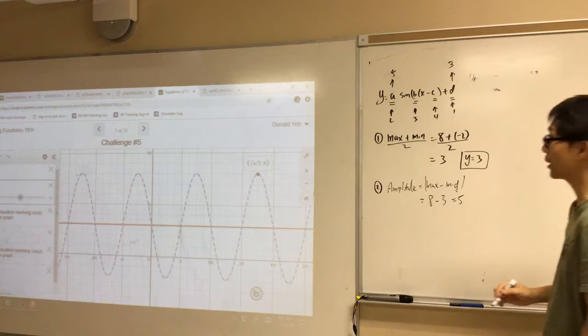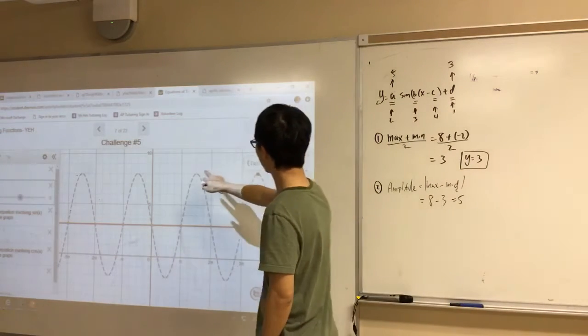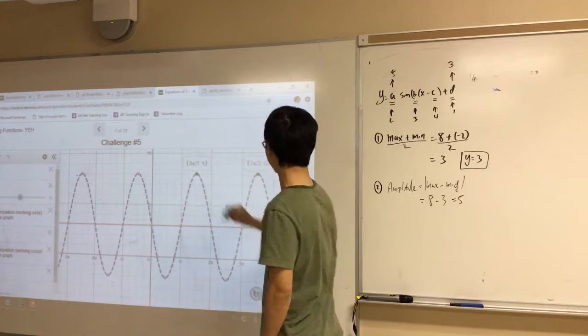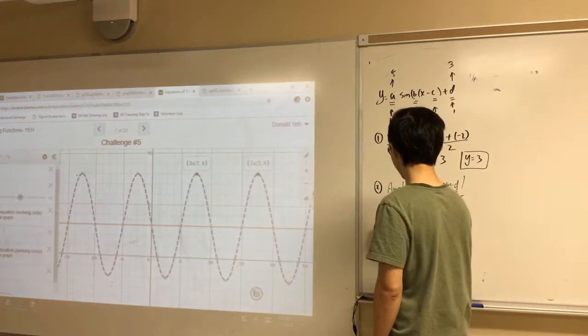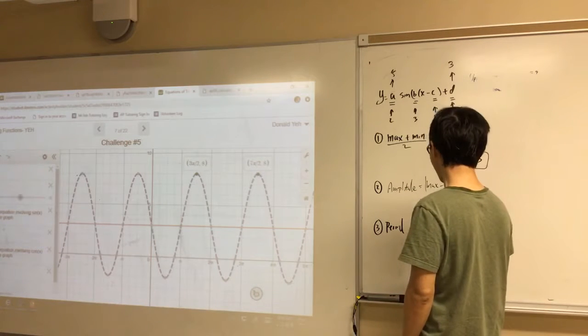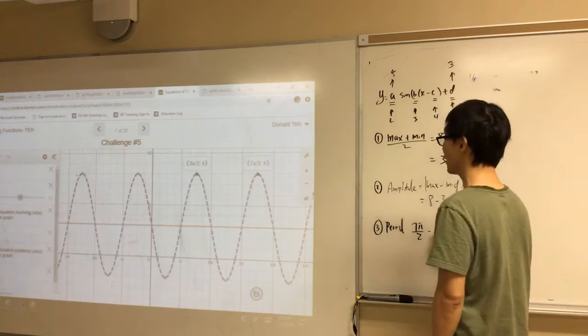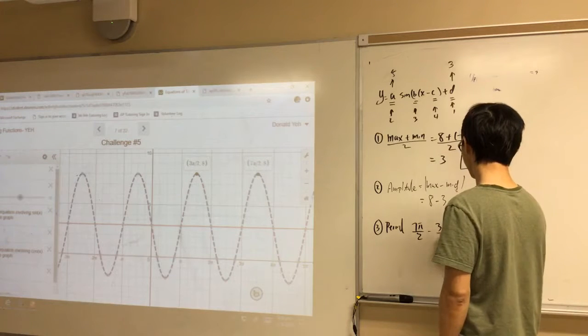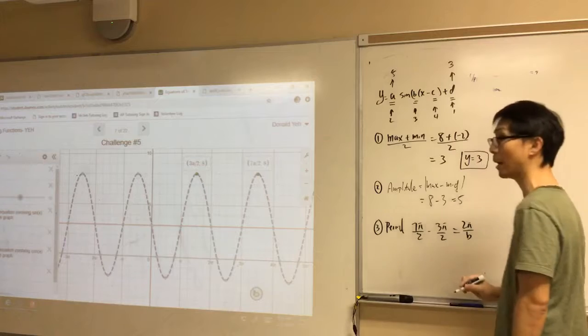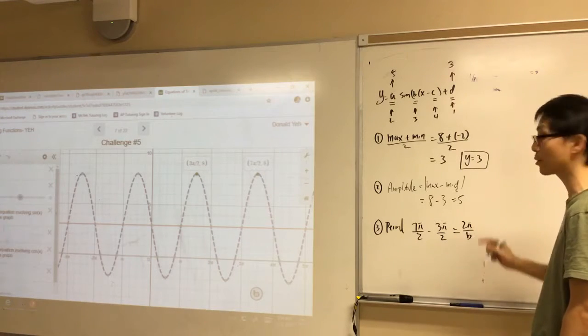The period: just take these two things right here, 7 pi over 2 minus 3 pi over 2. So third is to figure out the period. Period is 7 pi over 2 minus 3 pi over 2, and that's equal to 2 pi over b. Why is it 2 pi over b? That's the equation for the period.